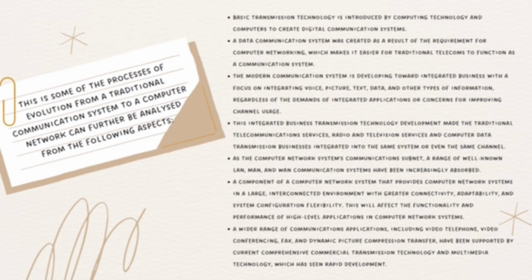They are components of a computer network system that provides the computer network system in a large, interconnected environment with greater connectivity, adaptability and system configuration flexibility. And this will affect the functionality and performance of high-level applications in the computer network system.